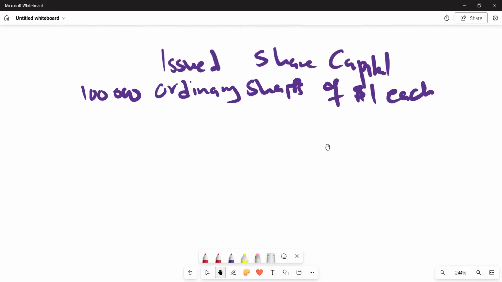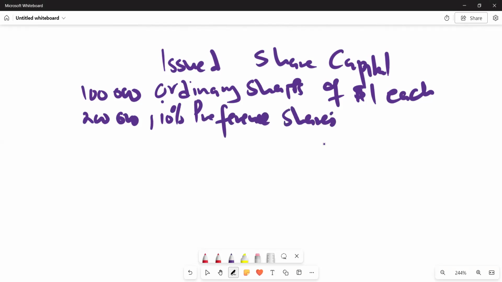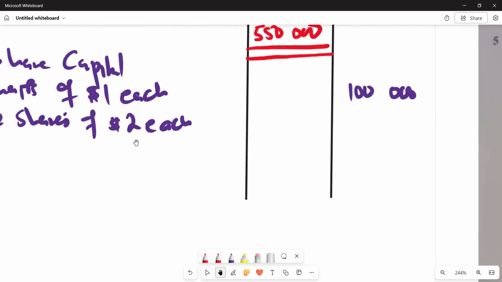And we also have our preference, which is 200,000, 10% preference shares of $2 each. And we are saying they are worth 400,000. So this is what we have.